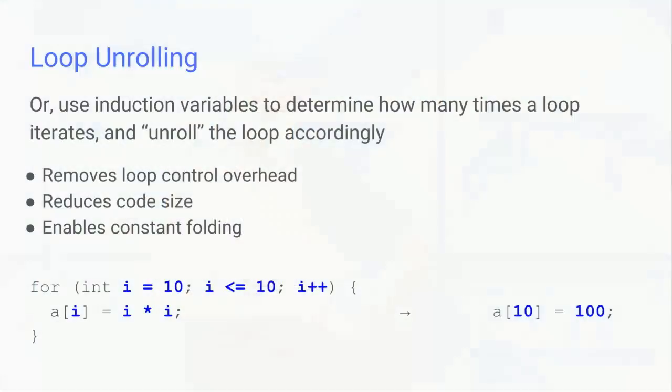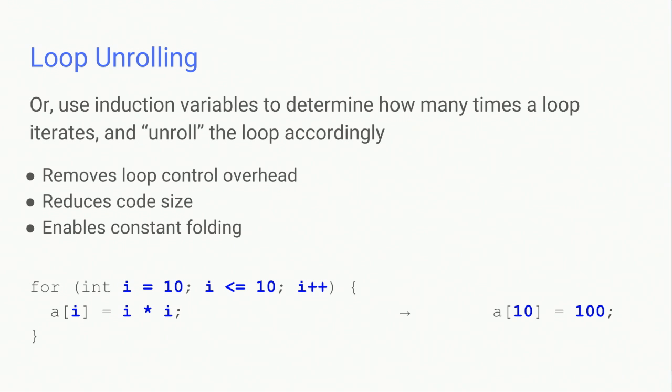Induction variables also tell how often loops iterate. So if you know that it is only a few times, you can completely unroll the loop. And the advantage of unrolling is that you completely remove the loop control overhead. It reduces the code size because you don't have the control to iterate. And it often enables constant folding. So you see an example here where the blue part shows that the loop only iterates from 10 to 10, so it actually only iterates once.